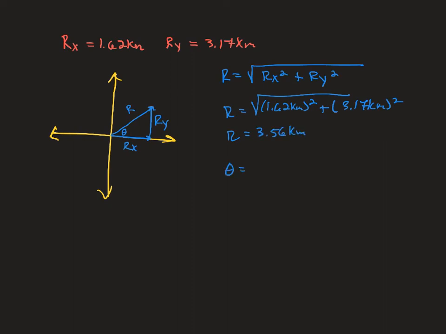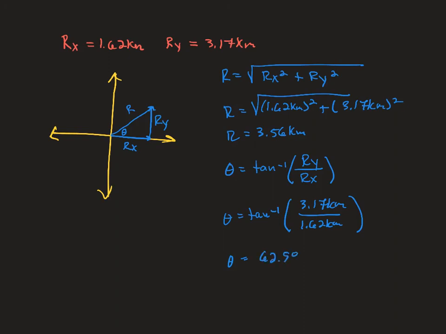And for the angle, since we have the sides of the triangle, we're going to use inverse tangent. So we're going to do r of y, which is opposite, over r of x, which means we're going to do 3.17 kilometers over 1.62 kilometers. Which is going to give us 62.9 degrees.